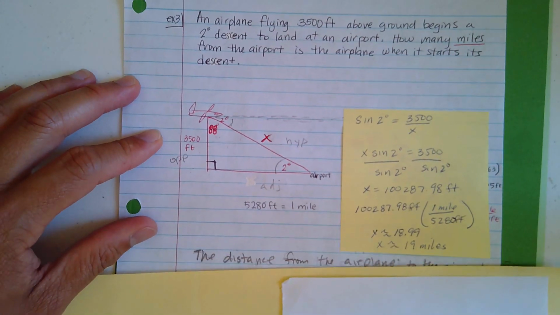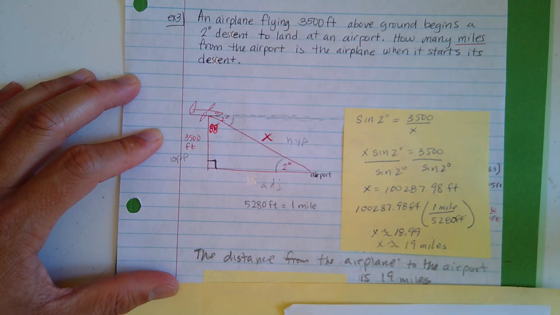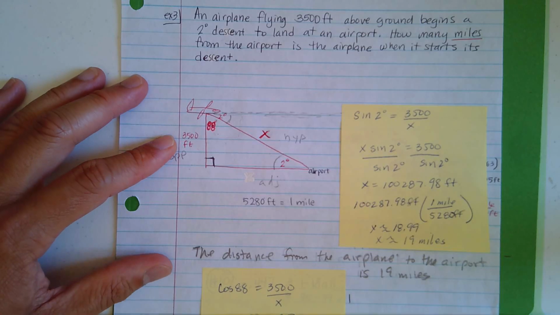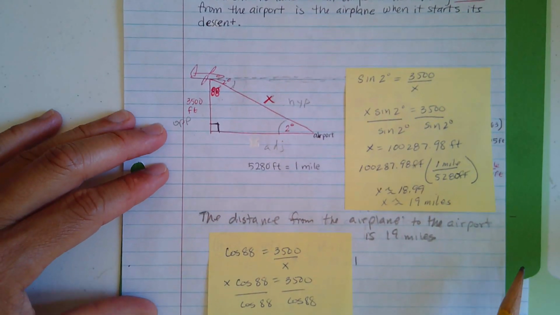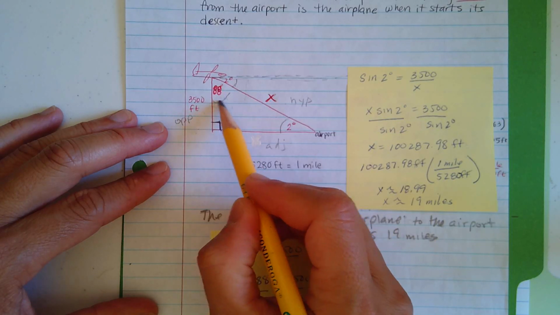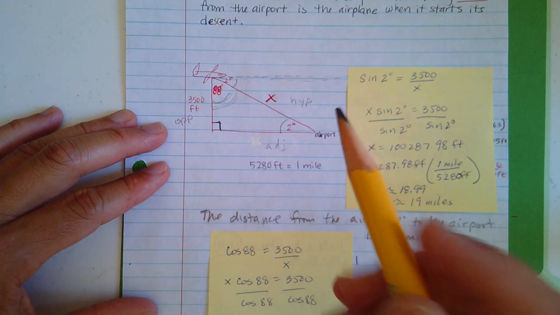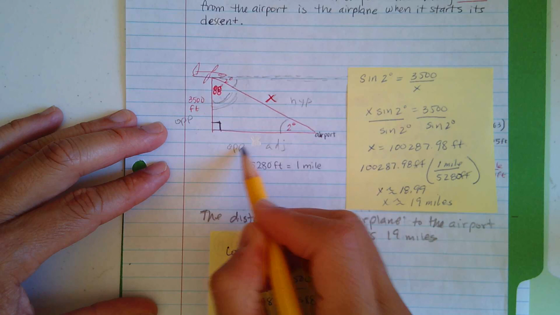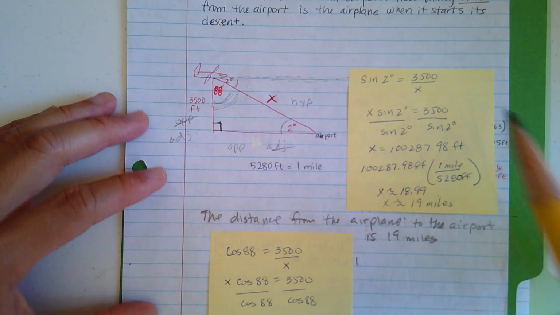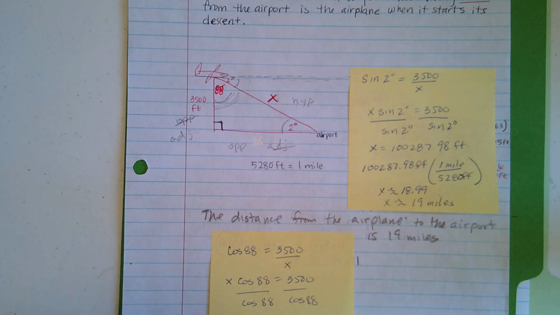All right. Again, you must state the answer in a complete sentence. So the distance from the airplane to the airport is 19 miles. Full credit. Now another way is if we look at this angle. This is now opposite. This is now adjacent, and hypotenuse remains the same.